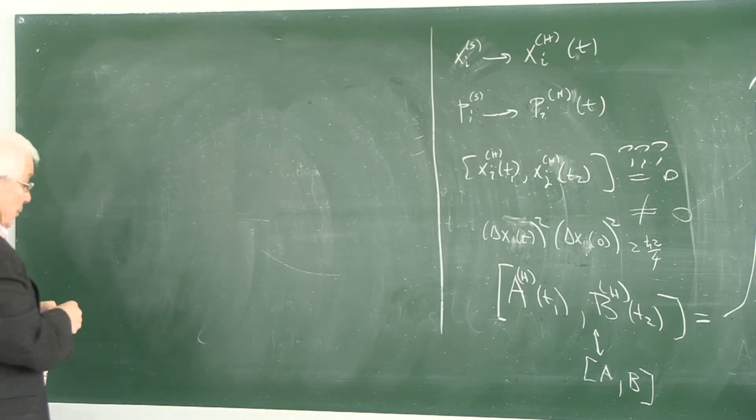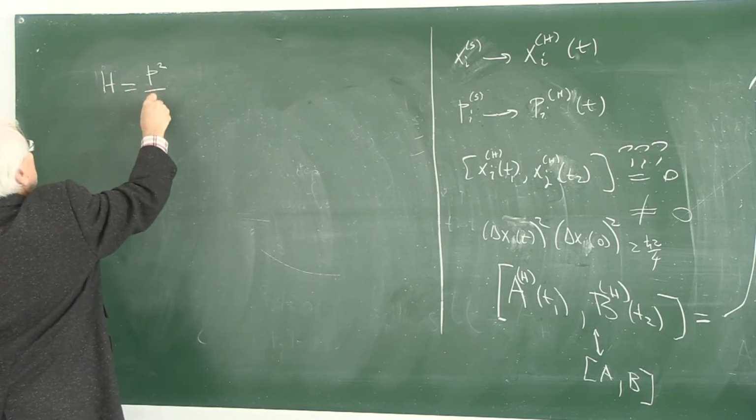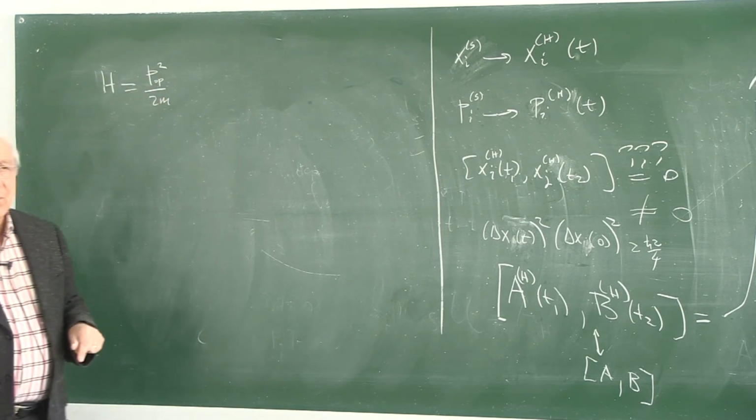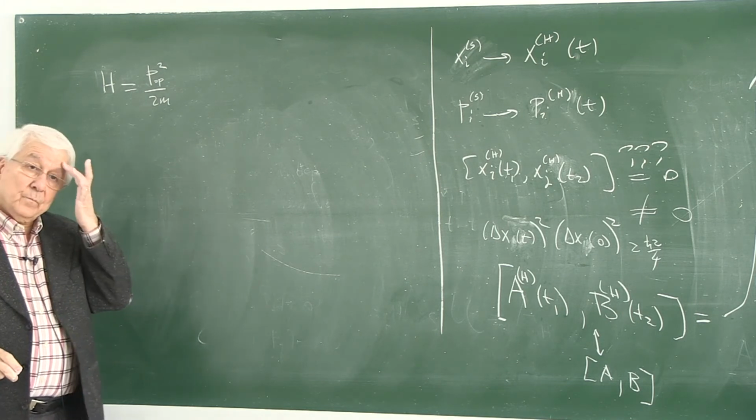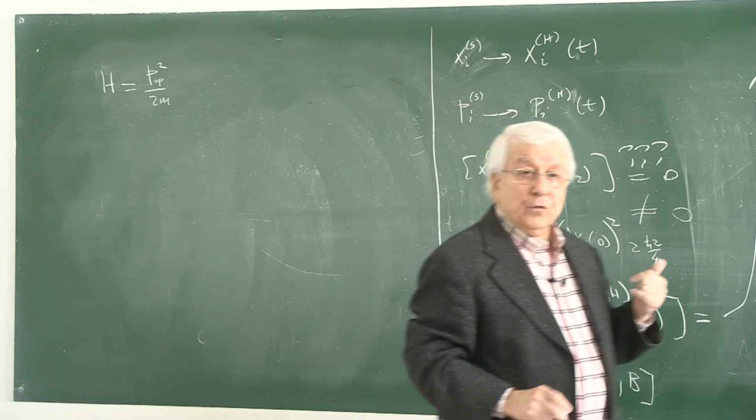What is the free particle Hamiltonian? The free particle Hamiltonian is p squared over 2m. Well, p operator, if you want, squared. For instance, you may wish to solve the Schrödinger equation for this.